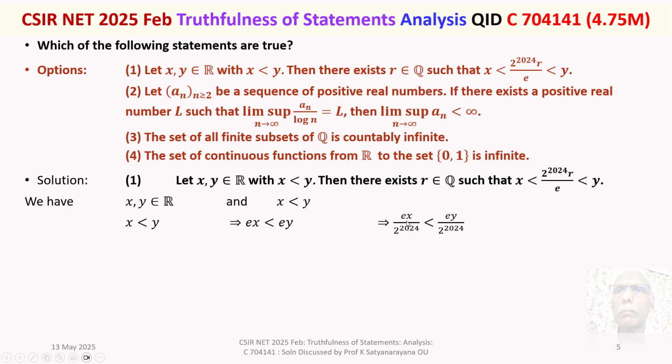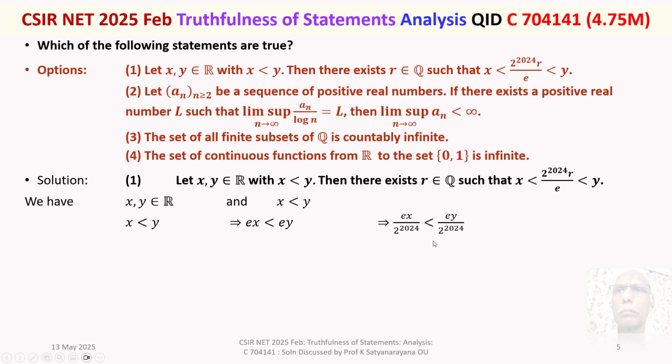Then we will get ex by 2 power 2024 less than ey by 2 power 2024. Now this is a real number. This is also another real number. They are distinct real numbers.